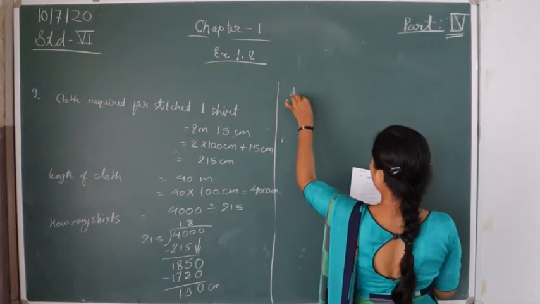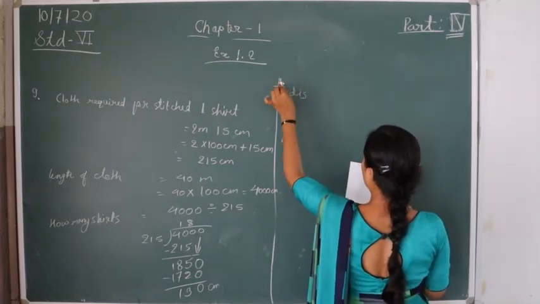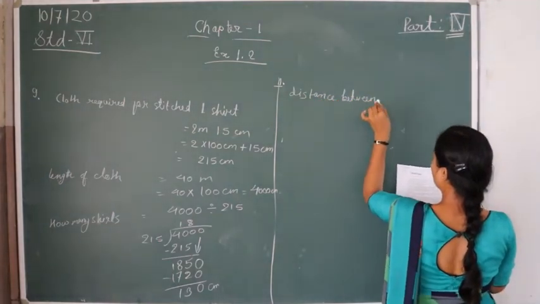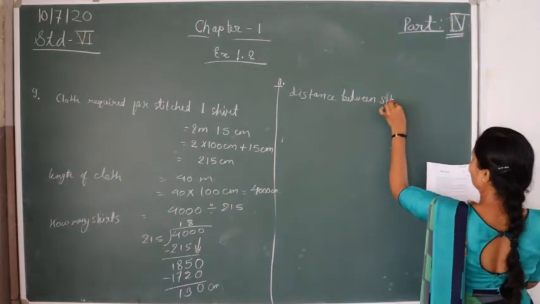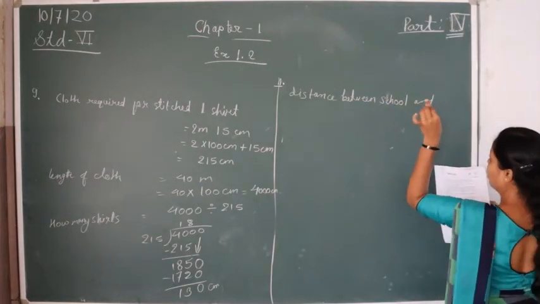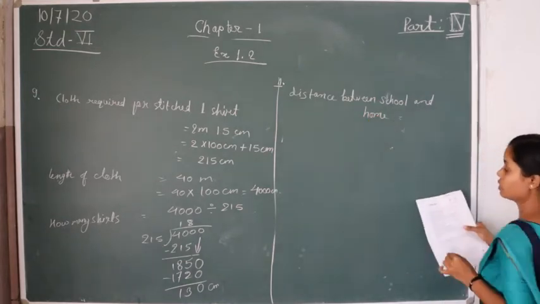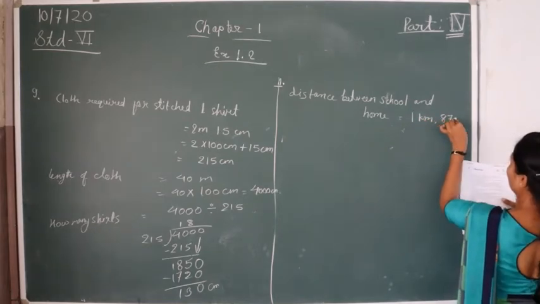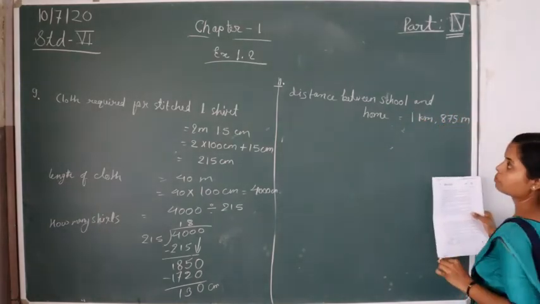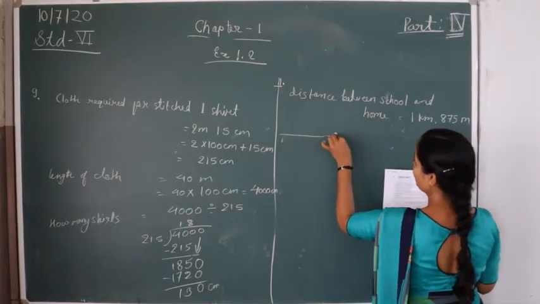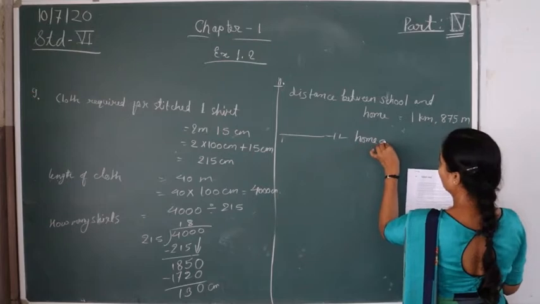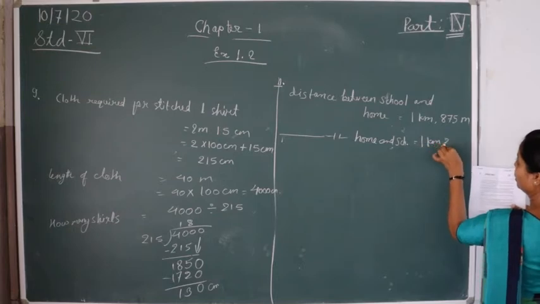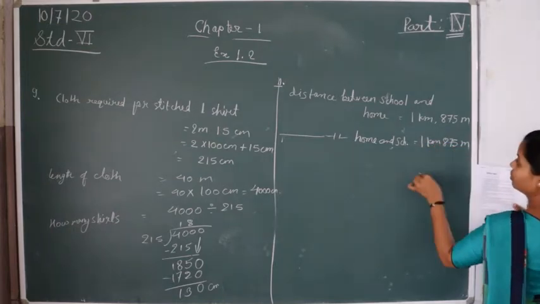Firstly we find the distance between school and home, which is 1 kilometer 875 meter, and she returned back. So the distance between home and school is again 1 kilometer 875 meter.